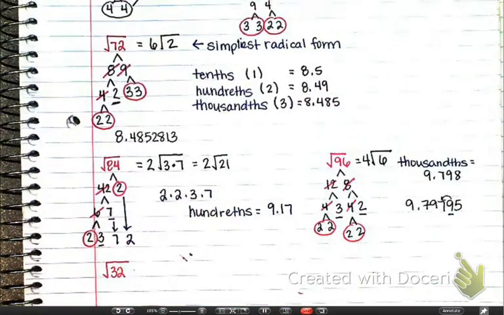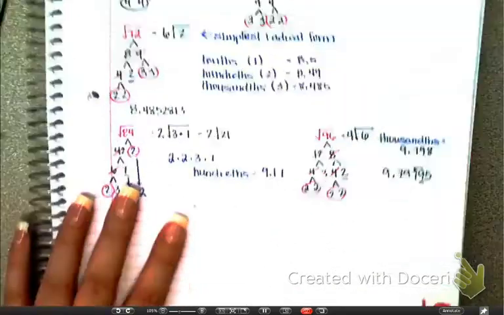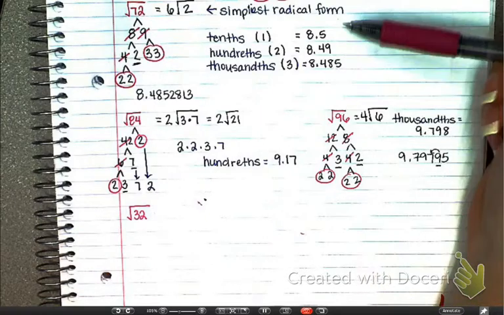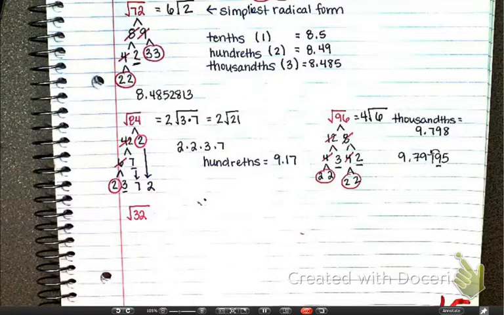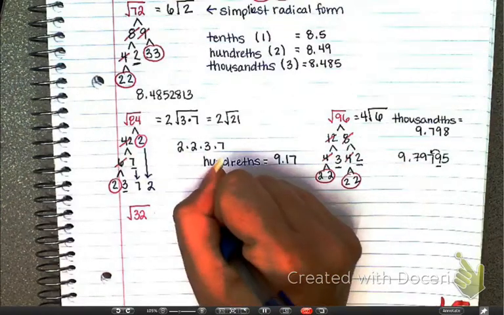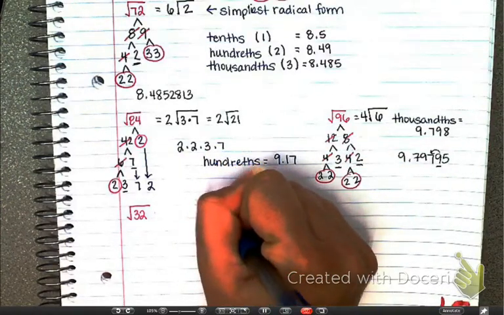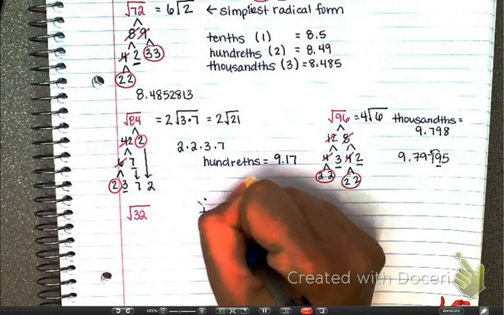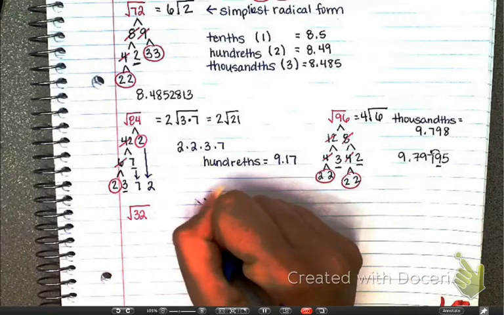So I want you to find the square root of 32 in simplest radical form, and I also want you to tell me what it is to the tenths, the hundredths, and the thousandths.